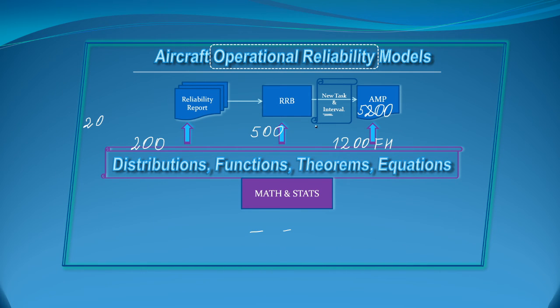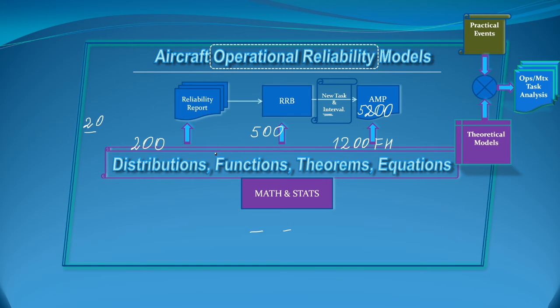Actually, when we take these 20 removals and insert them into our distribution functions, formulas, theorems, equations, we are trying to describe our real-life events, our operational events, our practical side, using some theoretical information, in this case mathematical numbers. So as a result, we have two sides here.